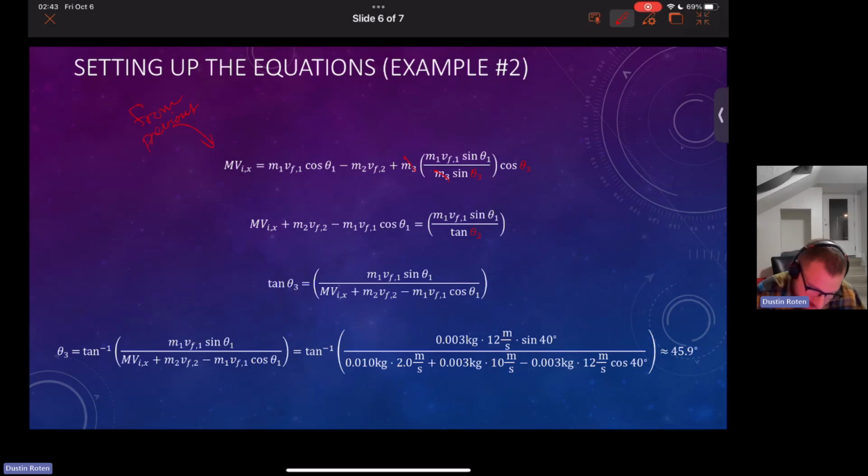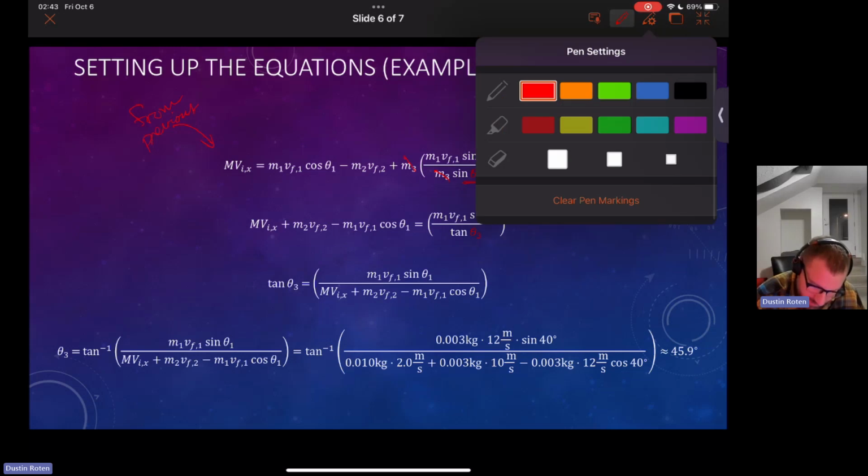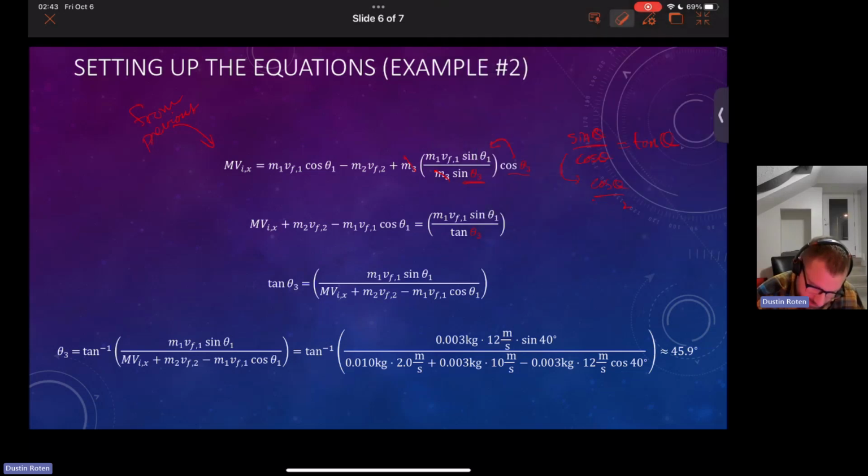That cancels. You'll remember that sine theta over cosine theta is tangent, but look what we have here. If we were to multiply this cosine in, we would have cosine theta 3 over sine theta sub 3. Okay, you know what? That's bad. I'm going to erase that and do it again.